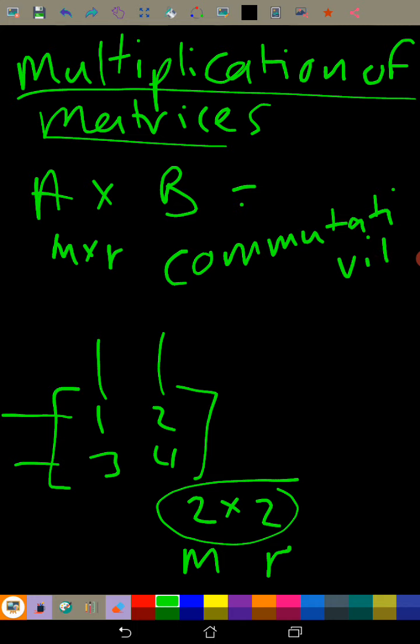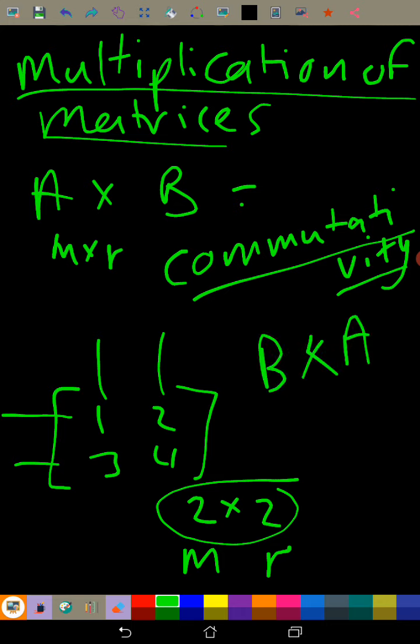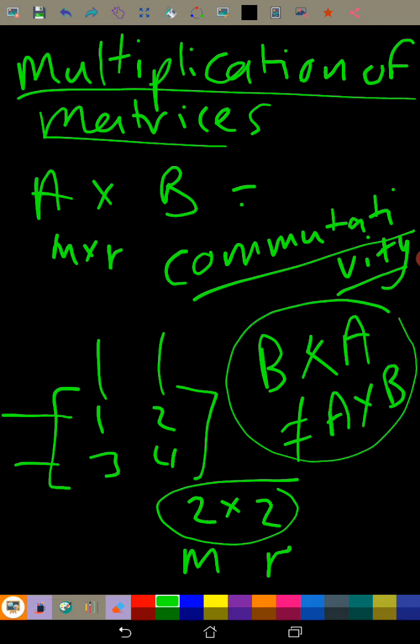If this word exists, check in the dictionary. It means that B times A is not equal to A times B. So it does not have this commutativity. You cannot change the places. You have to go in a specific order, the given order.